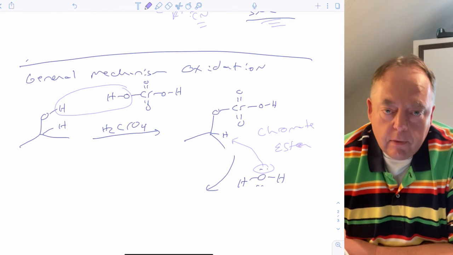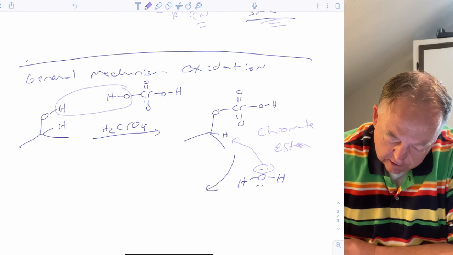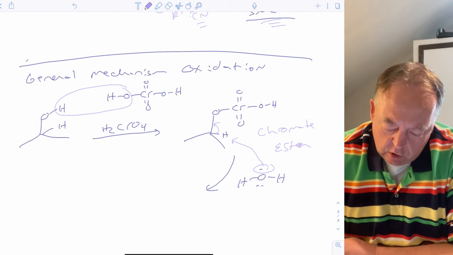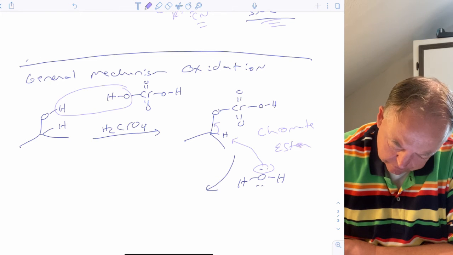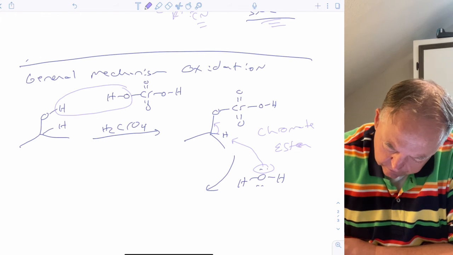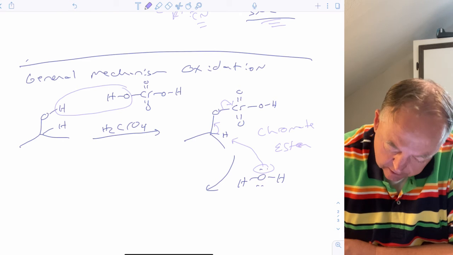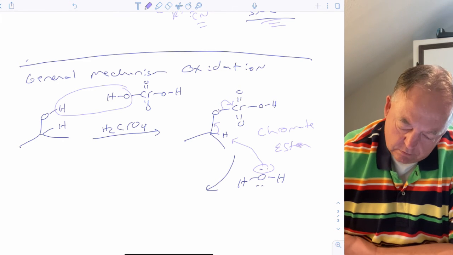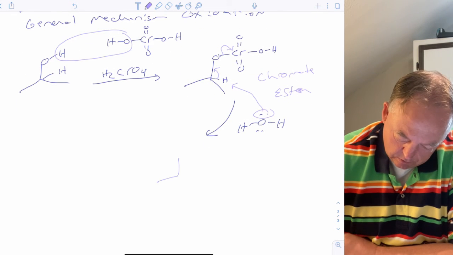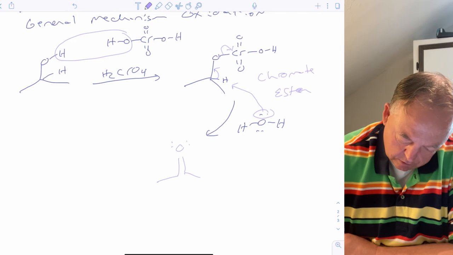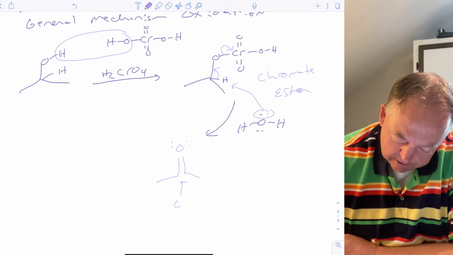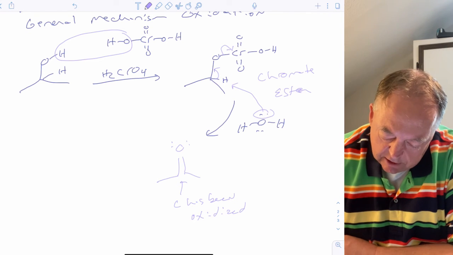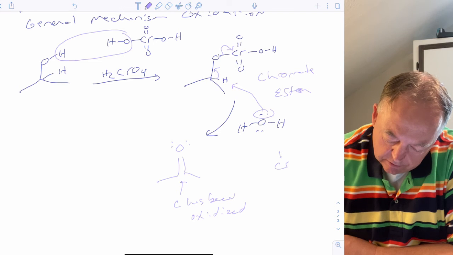So what happens, a water molecule takes this hydrogen off. These electrons become a carbon-oxygen double bond, and then chromium leaves. All right, so this carbon's been oxidized. So if something's been oxidized, then something's been reduced.